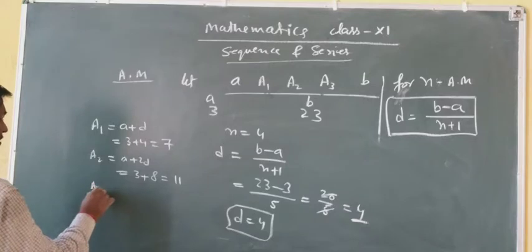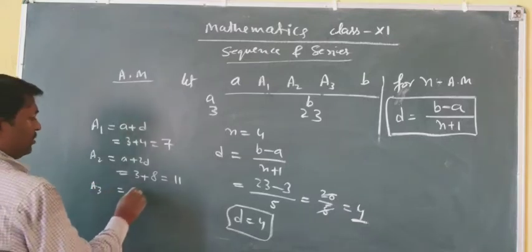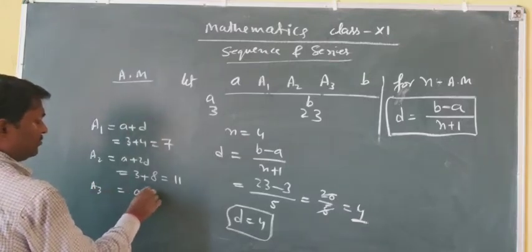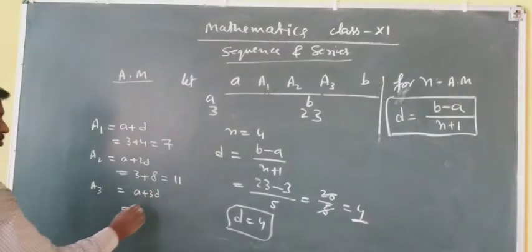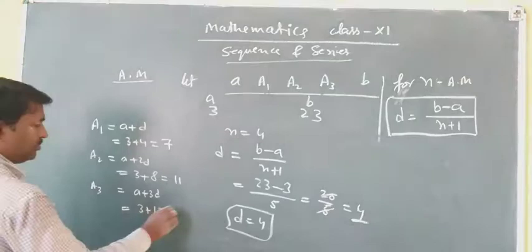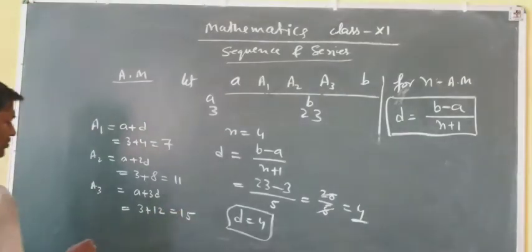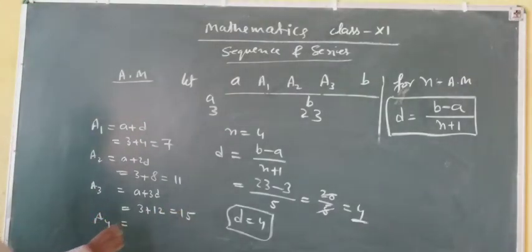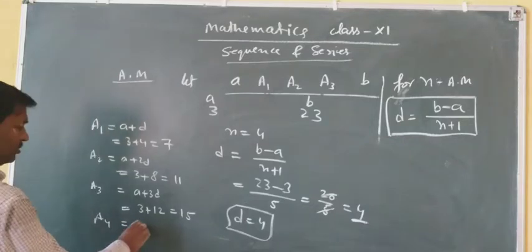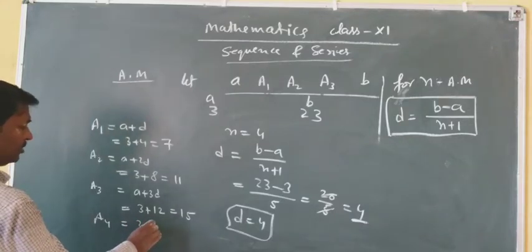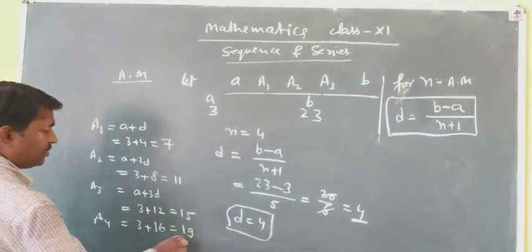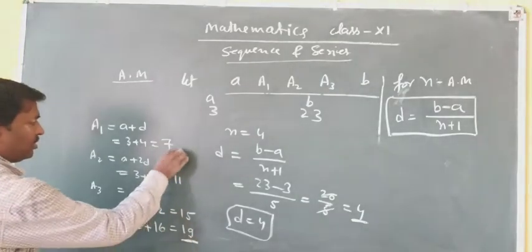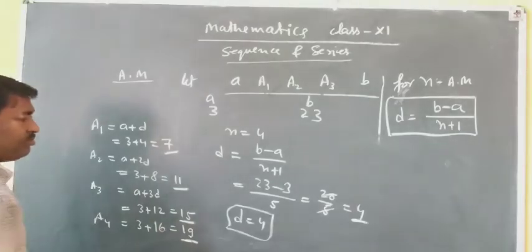Now a3 is a plus 3d, which is 3 plus 12, 15. a4 is 3 plus 4d, which is 3 plus 16, equal to 19. So these all are the 4 arithmetic means.